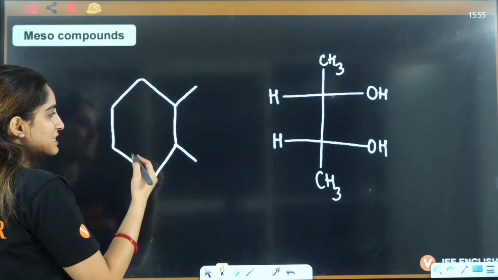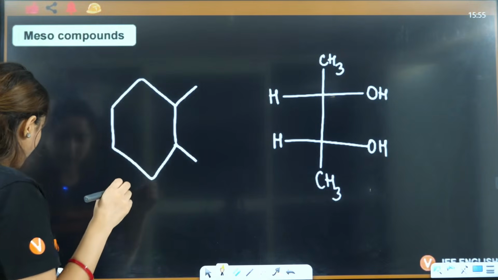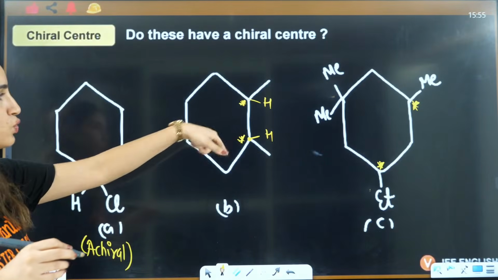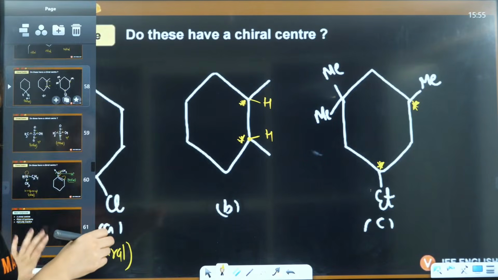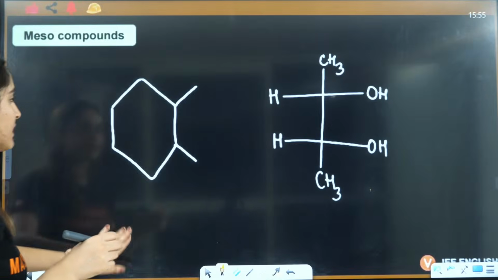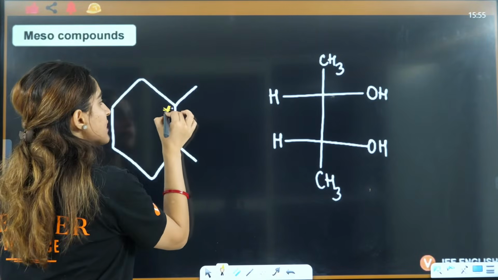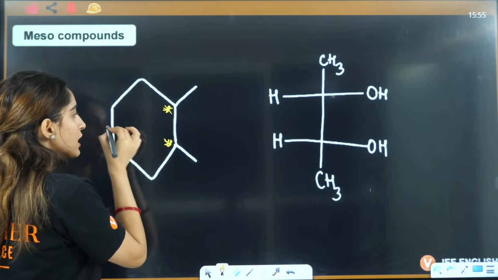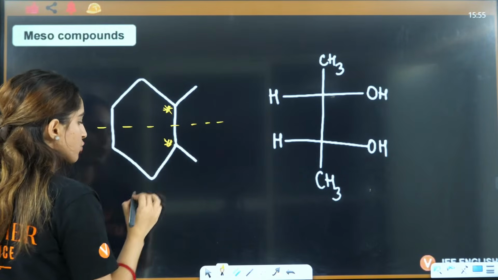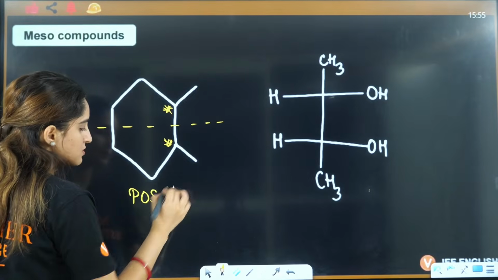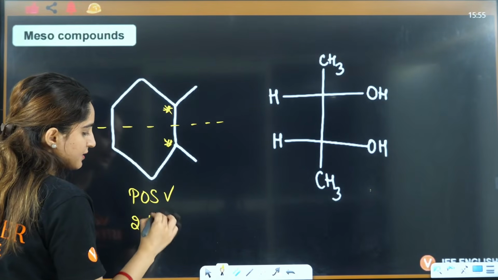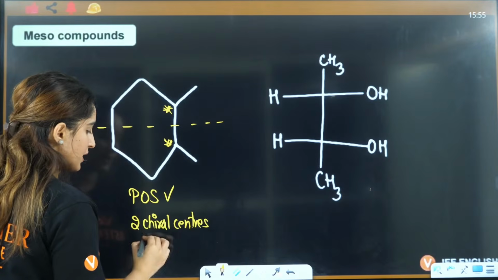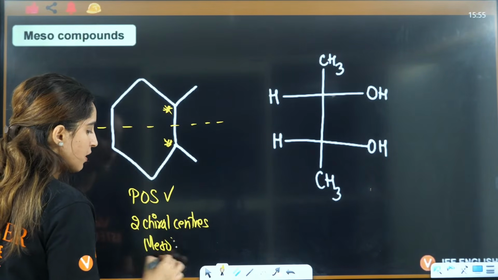Just like here, if you remember, we did this here. It had two chiral centers. If you see, POS (plane of symmetry) is also present. Two chiral centers are there, so can I say this is a meso compound?